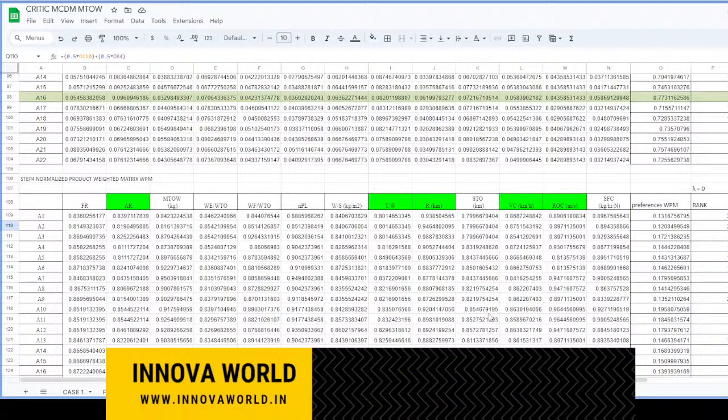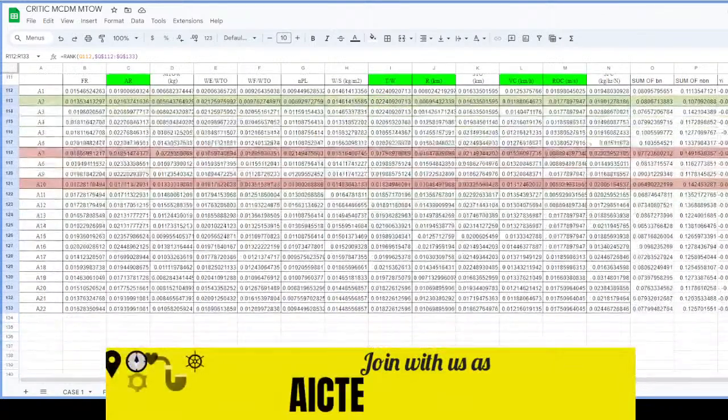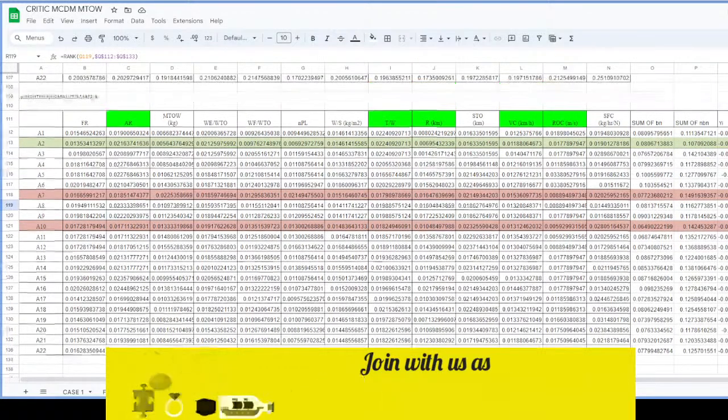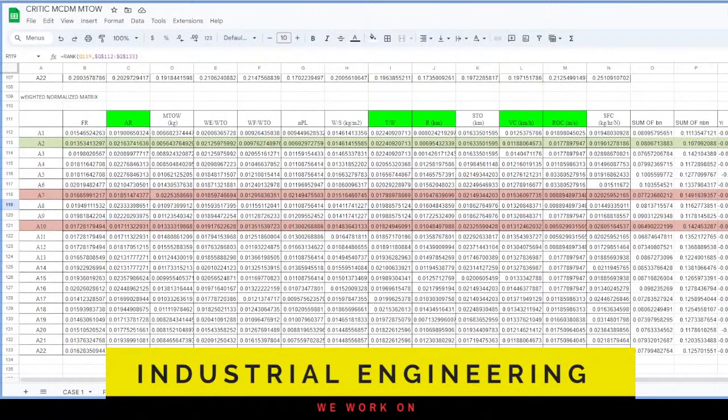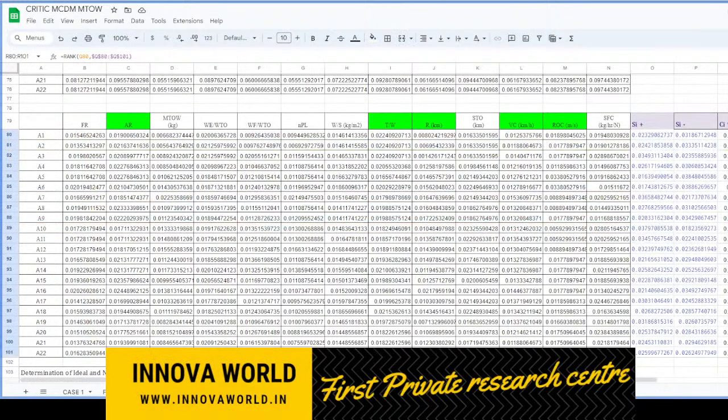So all are giving this. Now looking at the MURA method, the procedure till the normalization and weighting will be the same. The outcome is again the same. In between, the method will vary slightly based on the method utilized. So here also you can see the rank. Everywhere you can see the rank. In TOPSIS, at the end you can see the rank.